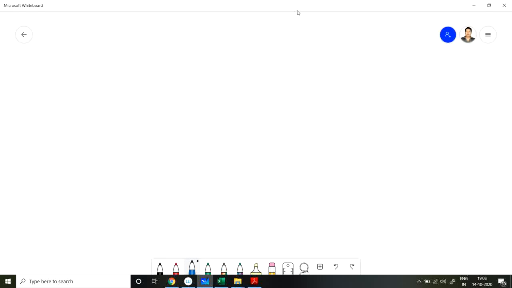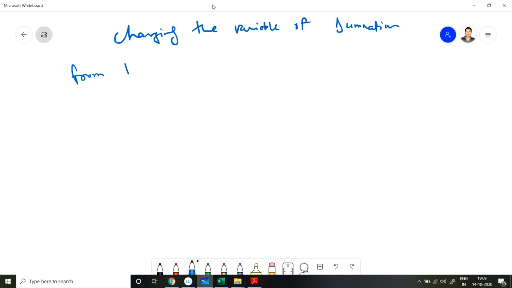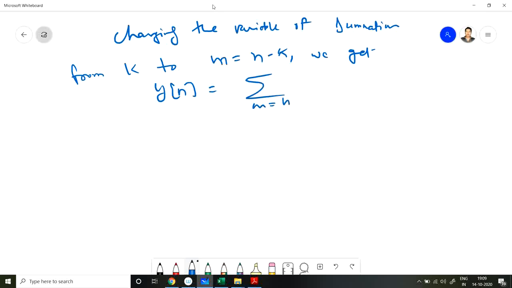So finally, after changing the variable of summation from k to m equals n minus k, we get y[n] is equal to summation m equals 0 to n of alpha raised to the power m, and that is equal to 1 minus alpha raised to the power n plus 1 divided by 1 minus alpha.